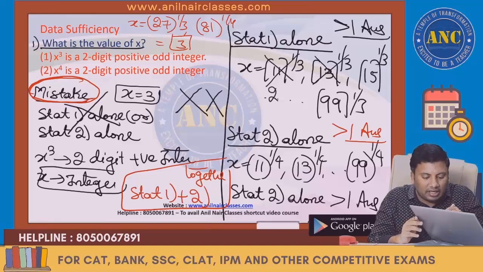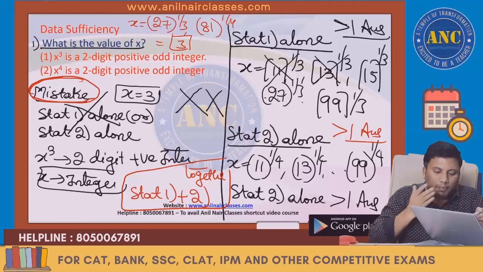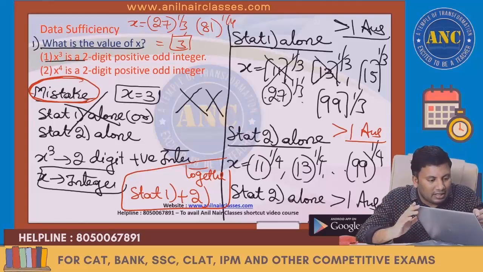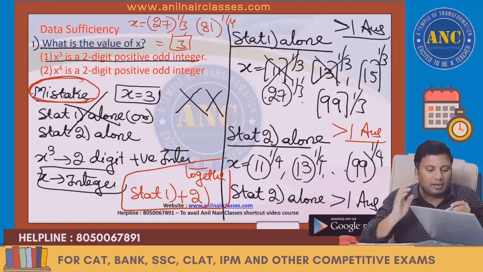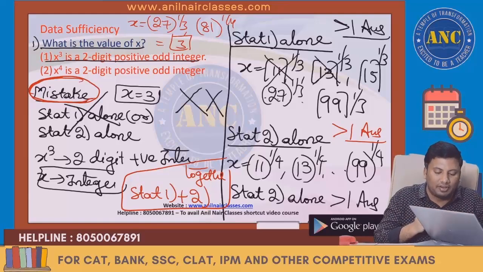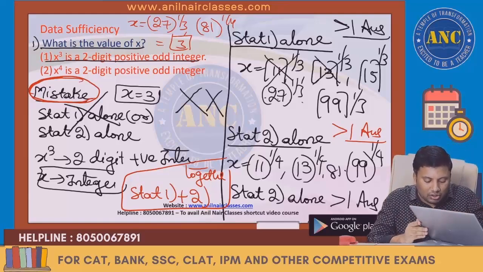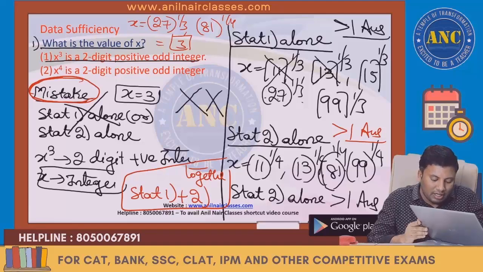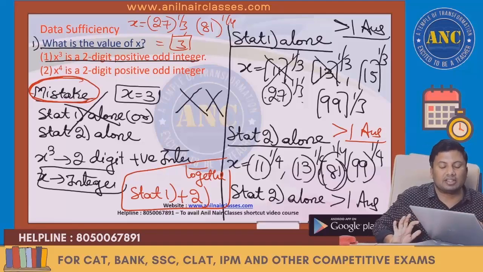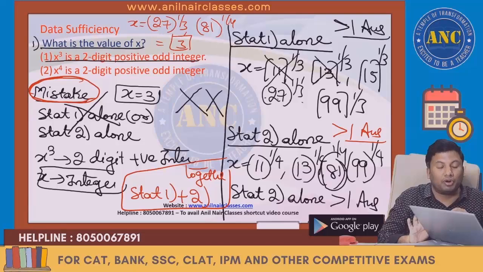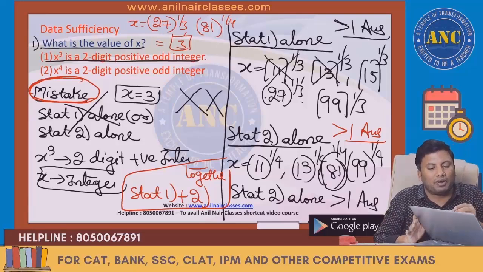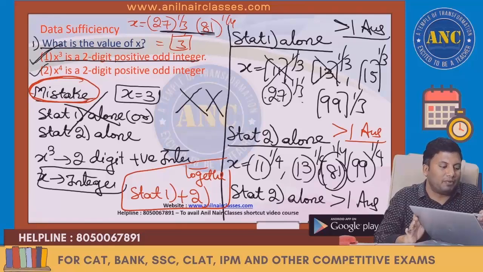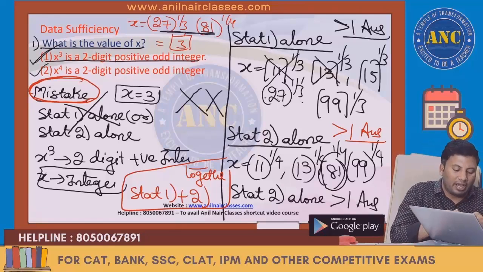Like that, 27 power 1 by 3, the value of x is 3. Here also, 81 power 1 by 4, the value of x is 3. 81 power 1 by 4 is 3, 27 power 1 by 3 is 3. 3 cube is 27, 3 power 4 is 81. I hope the idea is clear.